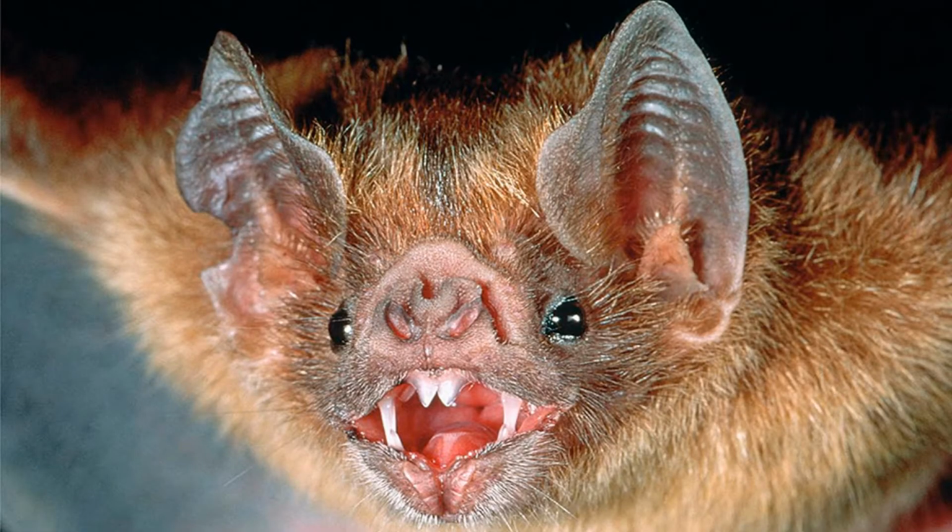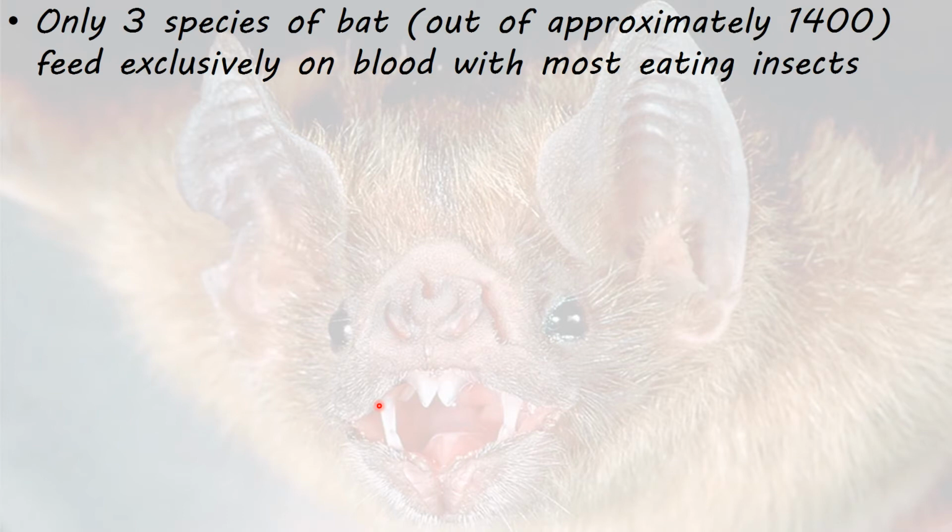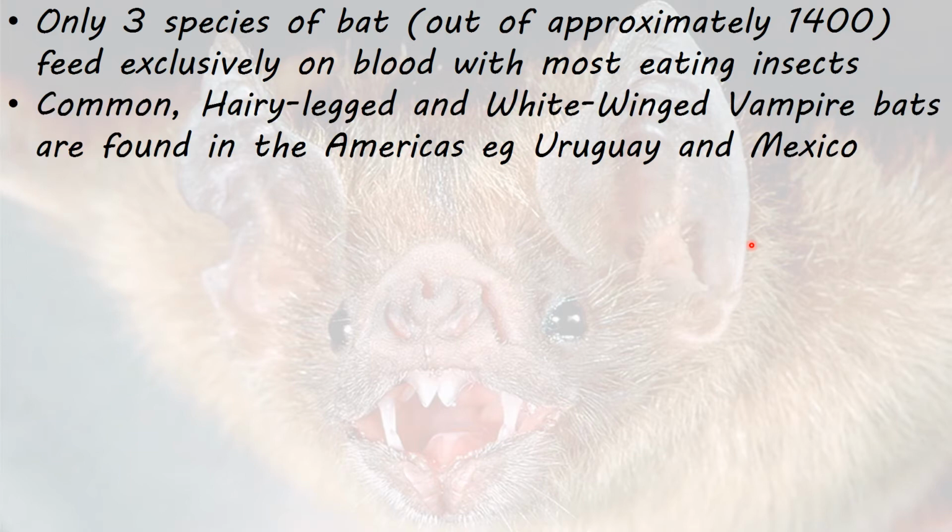Vampire bats are quite interesting, so I thought I would just give you a bit more information. There's the fangs there. Bats mostly eat insects, so there's only 3 of them that actually feed on blood, and that's 3 out of 1,400. So it's a tiny percentage of bats which are actually feeding on blood. Most will eat insects. You've probably heard of fruit bats as well.